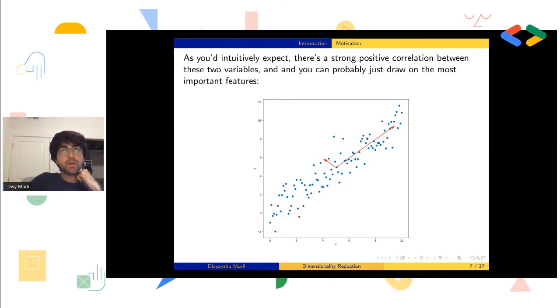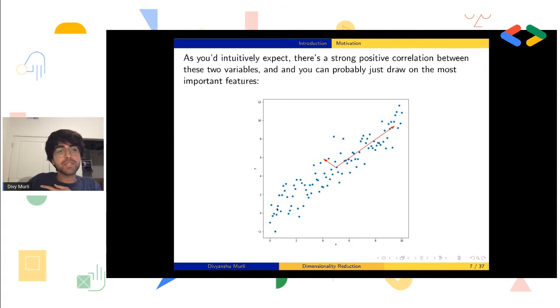If I were to project it onto this one-dimensional submanifold, or one-dimensional surface, I wouldn't lose a whole lot of information. I would mostly retain the structure of the data. Sure, I would lose the vertical variability, but assuming that it's much smaller than the main diagonal variability, I wouldn't lose a whole lot, and I can capture this two-dimensional data in one dimension.